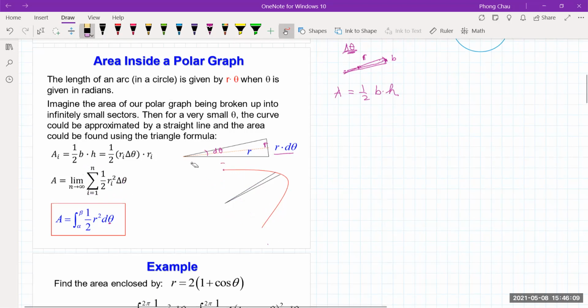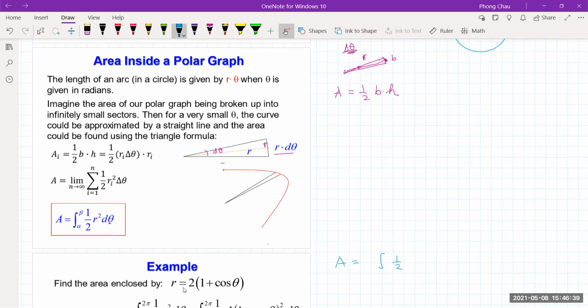Now, let's look at the example. Find the area enclosed by r equals 2 times 1 plus cosine theta. So you're looking at this again and see, I know how to set up according to the formula. It's very easy. The area is the integral of 1/2 r squared. What is r?